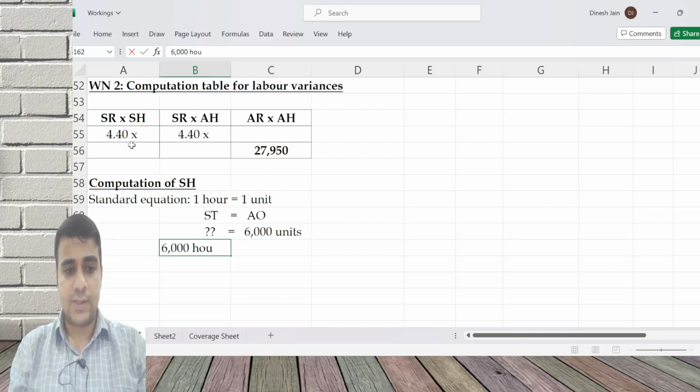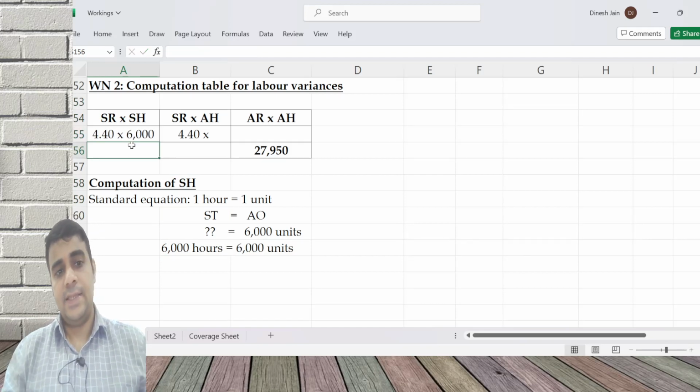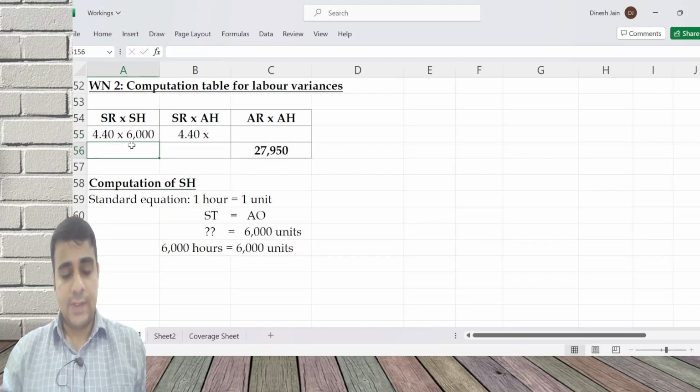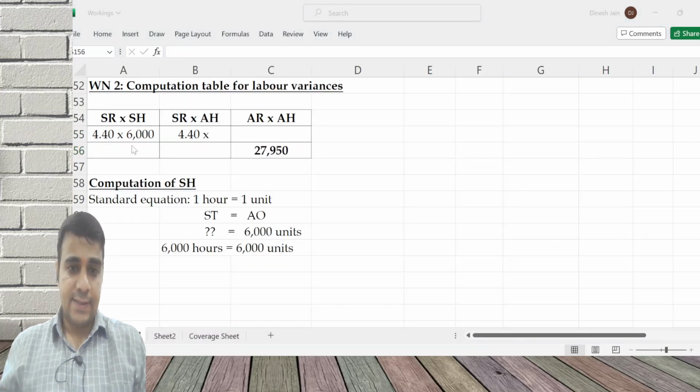So 6,000 hours equal to 6,000 units. That takes care of the standard hours part.